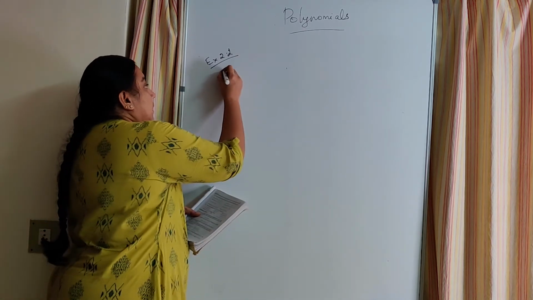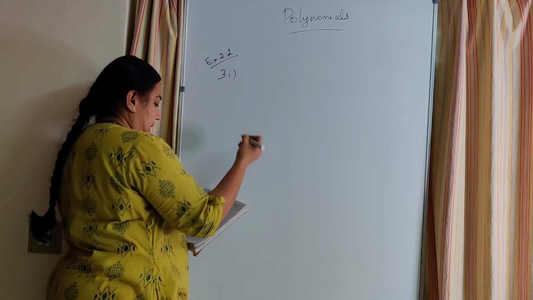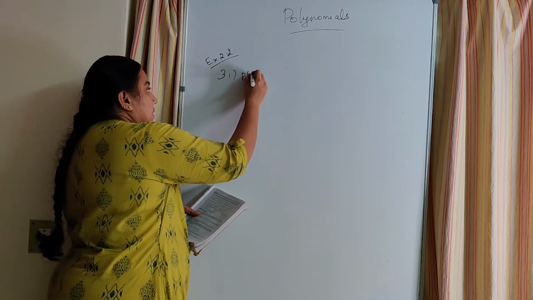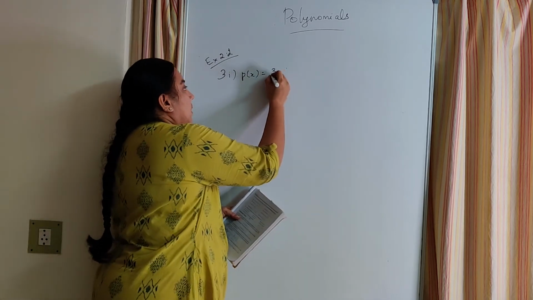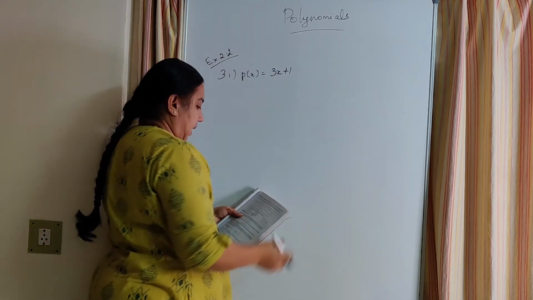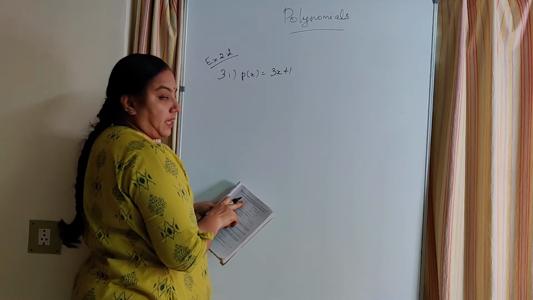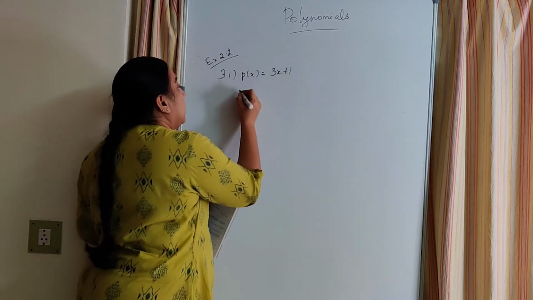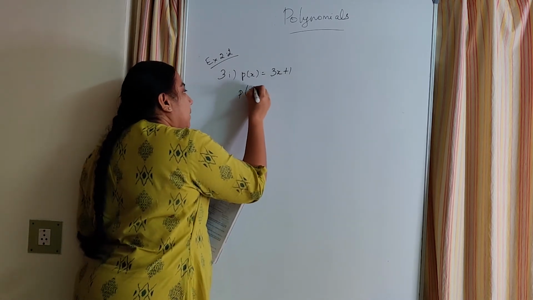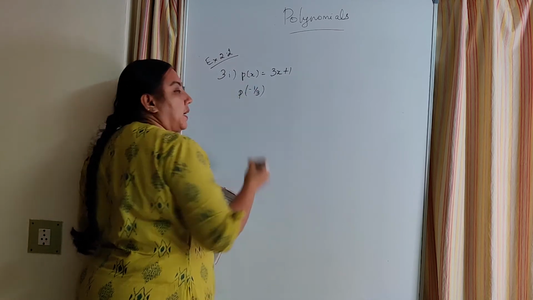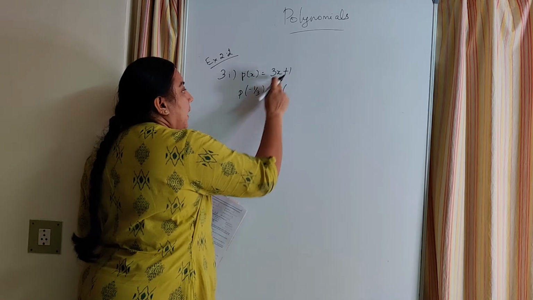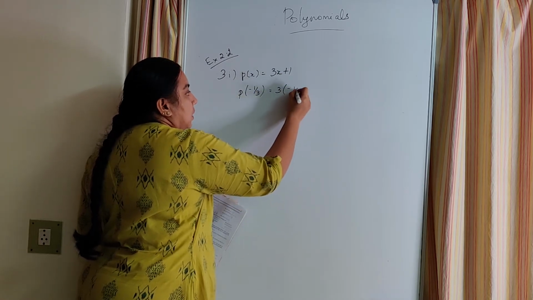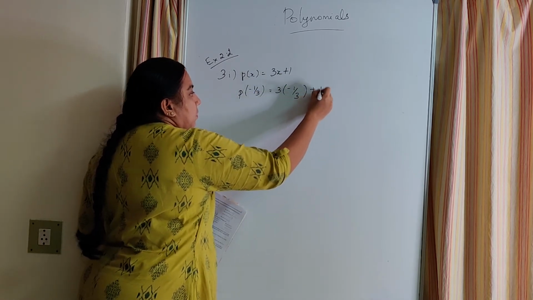Third question, first sum in it. P of x is equal to 3x plus 1. And in that, I want to substitute x value as minus 1 by 3. So, I will mention it like this. P of minus 1 by 3 is equal to 3 into, in the place of x, I am going to substitute this value, minus 1 by 3, plus 1.